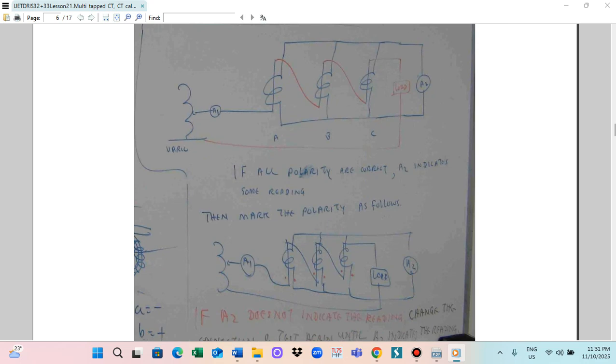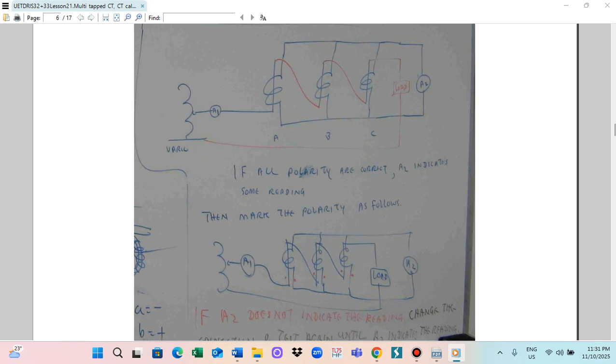So this is the connection for the 3-phase transformer test. This is the CT, and this is the primary winding here. You already know the primary winding, and the secondary windings are all combined.